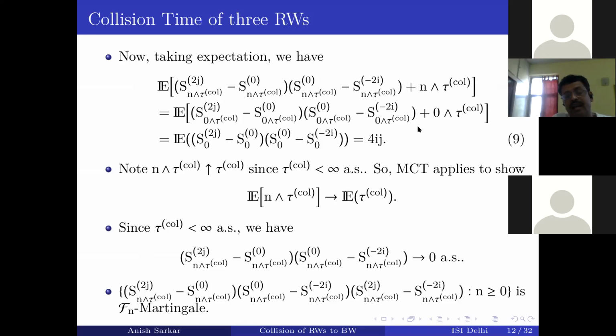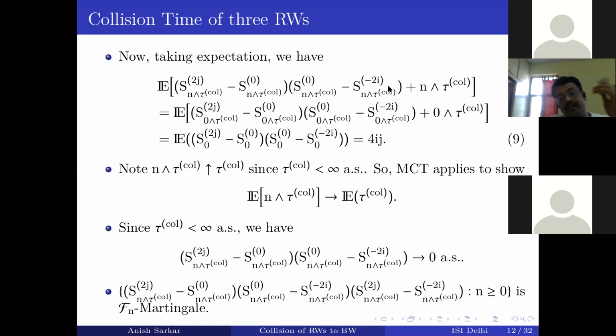So without doing the other work, what you can show is that the expectation of tau collision is less than or equal to 4ij, because that part is already greater than or equal to 0. This I already know.